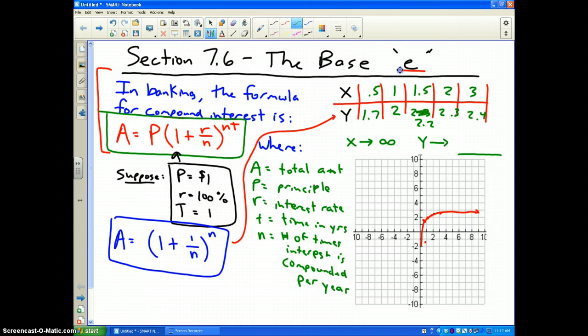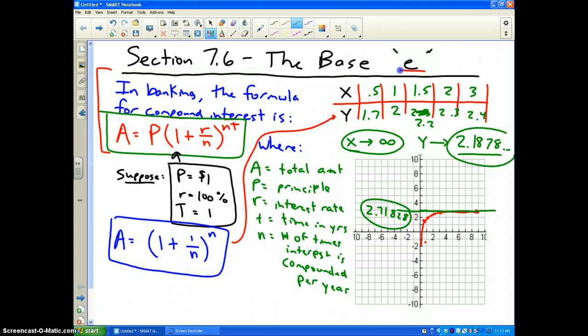And it has an asymptote, somewhere in here, because that particular graph will not cross that line. Well, this green line's value is 2.71828, etc. As x approaches infinity, the y value approaches 2.71828, and it goes on forever.